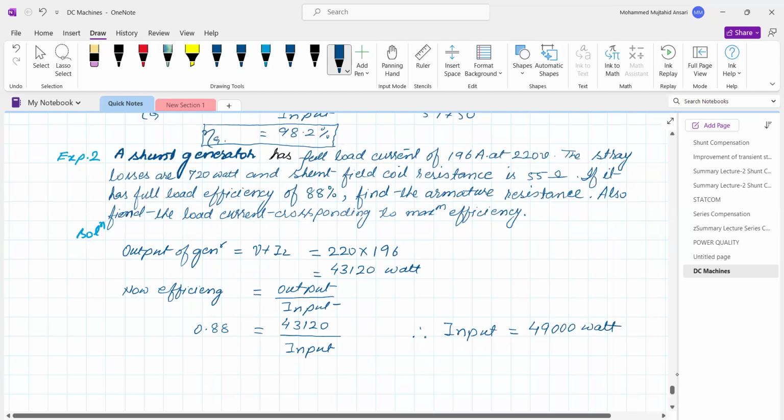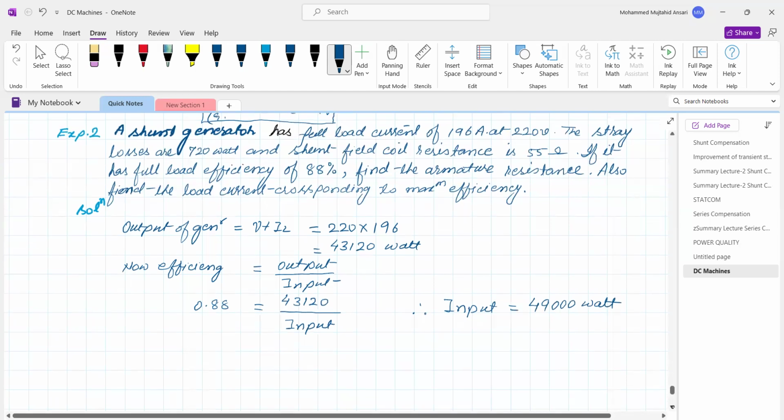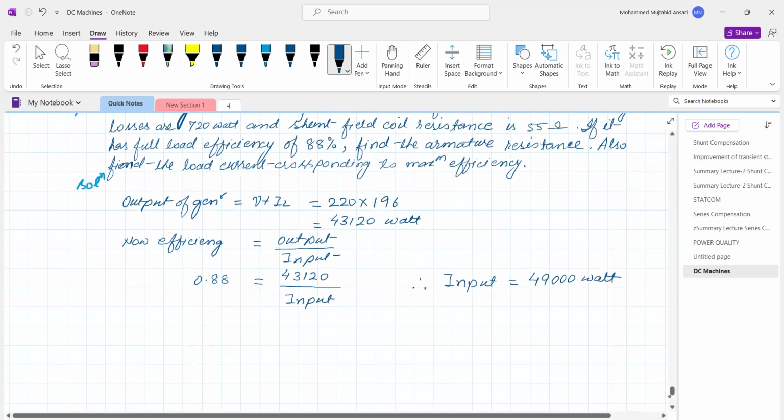Now, what is the total losses? This is the generator, and these are the power stages: the mechanical input, then some windage and frictional losses, gross electrical power developed, copper losses, and the output of the generator. Okay, so we just draw the power stages. Using power stages, it becomes easy to understand.